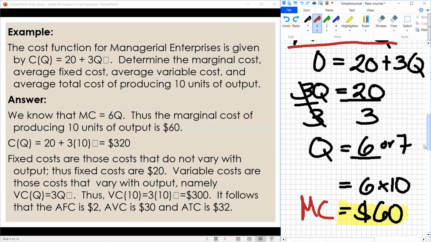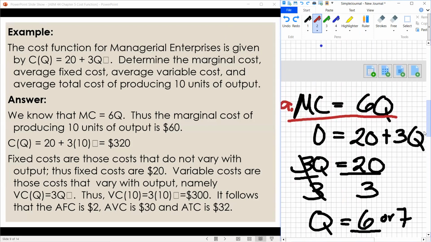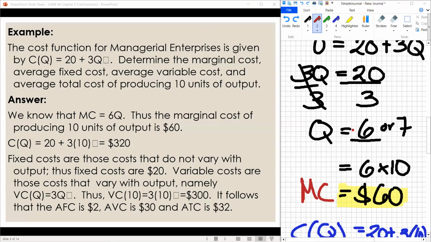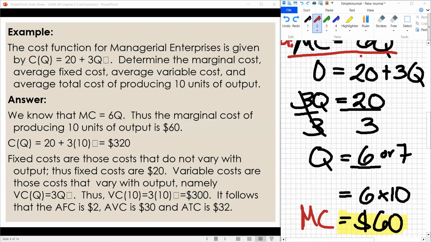Again, you just need to use the formula for MC. So again, that's how you get the marginal cost.